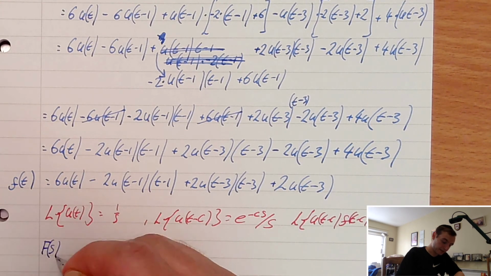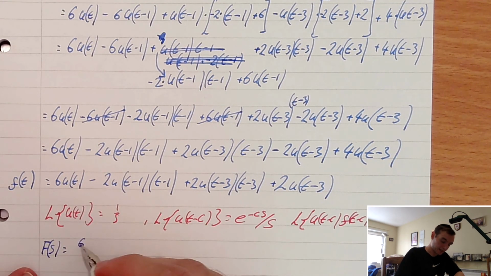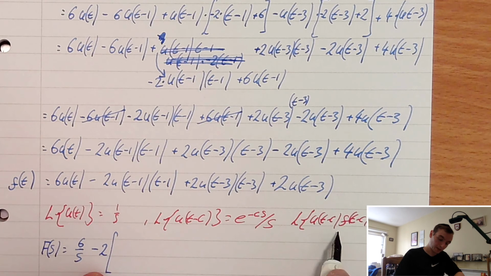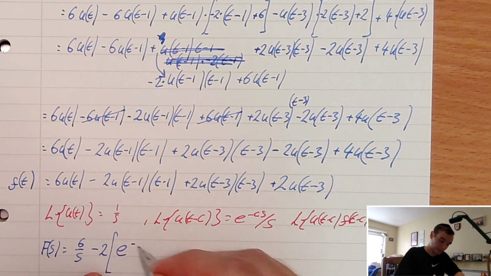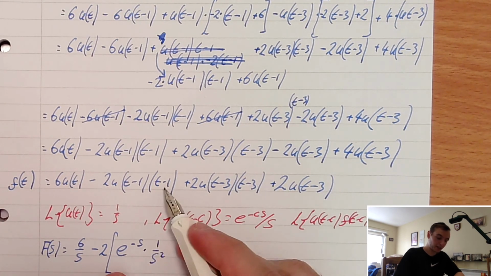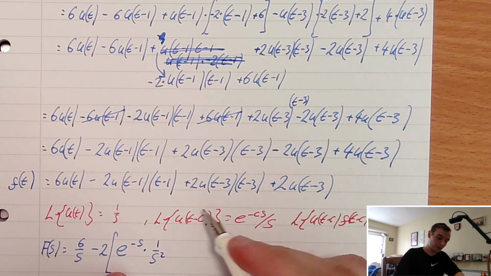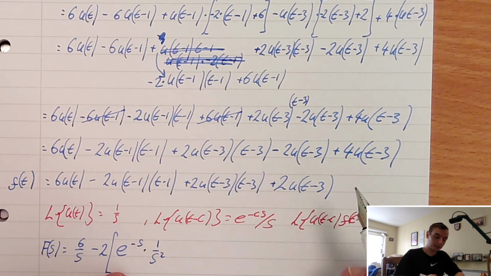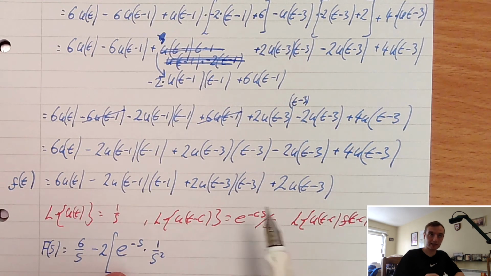So we can say that F(s) equals 6 on s, minus 2 e to the minus 1s times F(s), and that's going to be 1 on s squared, because the function is t. If the function is t, the Laplace transform is going to be n factorial on s to the n plus 1.